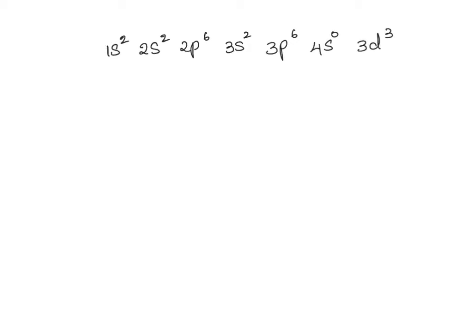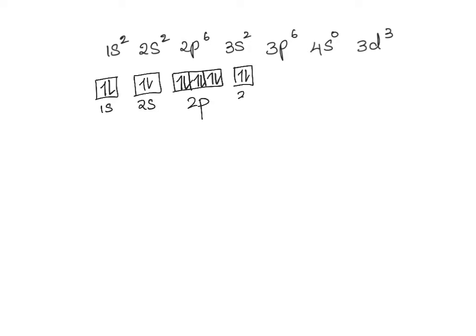If you keep filling these electrons, the first 2 electrons go into 1s, the next 2 into 2s, and the next 6 into 2p, filled up like this: 1, 2, 3, 4, 5, 6. Then the next 2 go into 3s, then again 3p, 1, 2, 3, 4, 5, 6.